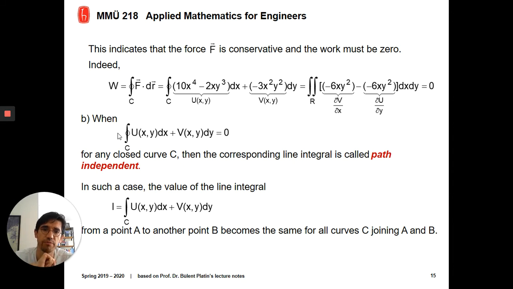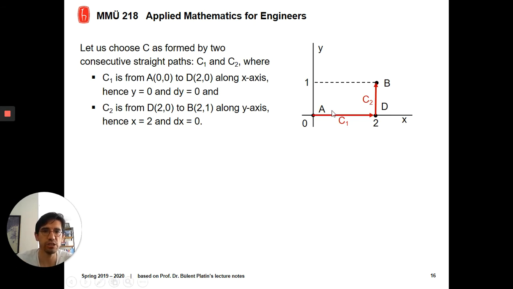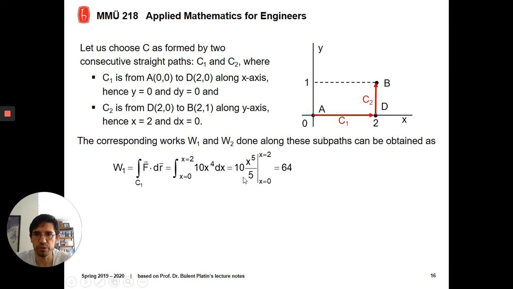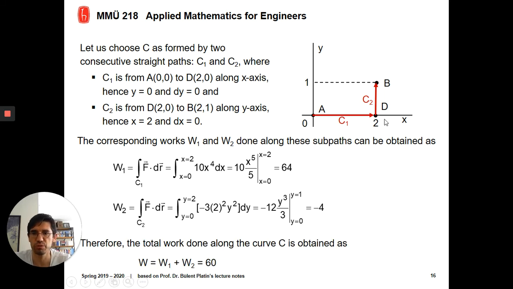Now I'm free to say that I could go from A to B in any path. Okay, it doesn't have to be a specific path. I could choose any one. And the easiest one will be going through the axes or parallel to the axes, all right? And that would correspond to something like 64 for the first part and -4 for the second part. Overall, the work would be equivalent to 60 units, whatever those units are, okay?